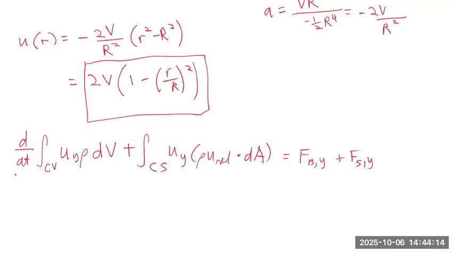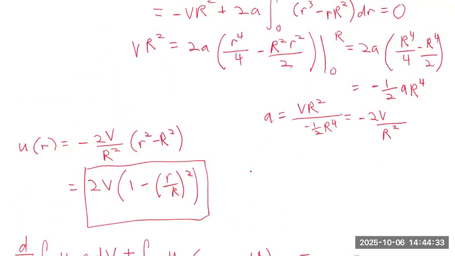As we see again, because this is steady state flow, this term is zero. And what about this term over here for the conservation of linear momentum? We don't have to calculate all of this again since we already calculated what this value is.